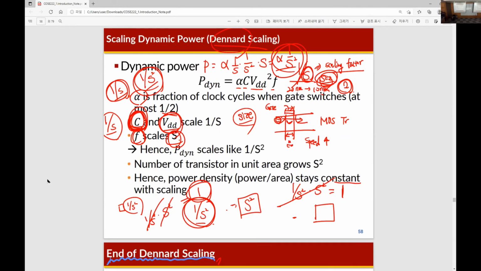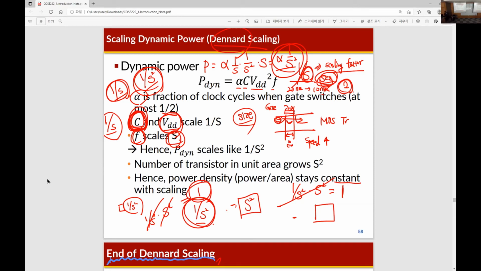And also I mentioned the power consumption by CMOS scaling. You need to remember that power density means the power consumption in a unit area. Theoretically, as the size of the transistor is reduced, that means the technology is advanced, and we can reduce the dynamic power consumption of a single transistor with this CMOS scaling.